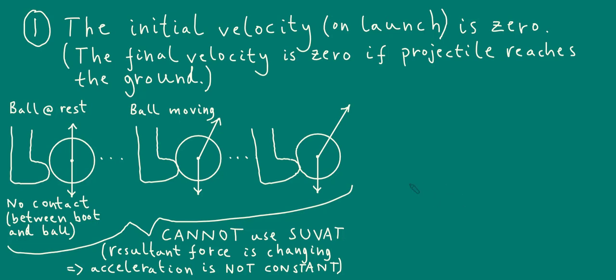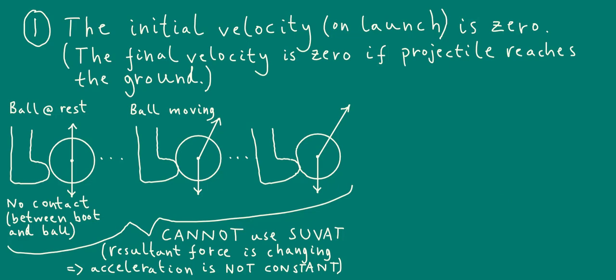This is just a simple consequence of Newton's second law, F equals ma. For constant mass, if F changes, that means that the acceleration a must also change. And recall that the SUVAT equations are only valid for a constant acceleration.